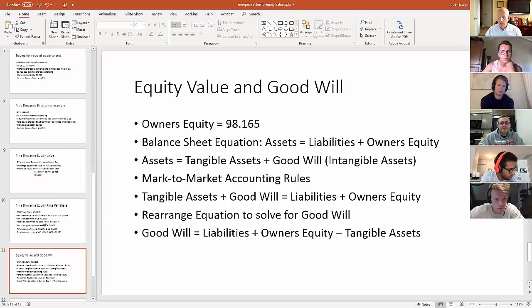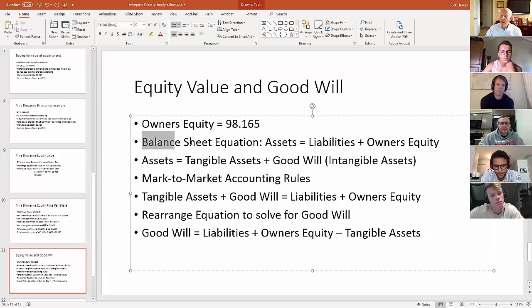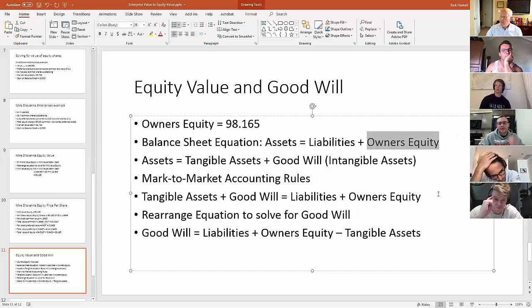And now knowing that, we can use a balance sheet equation, sometimes referred to as the BSE, to think about how these items line up together. And so we can think about assets, liabilities, and owner's equity. I know that I've got here 98.165 of owner's equity because I calculated it, okay? I also know what the value of my liabilities are. How do I know the value of my liabilities?